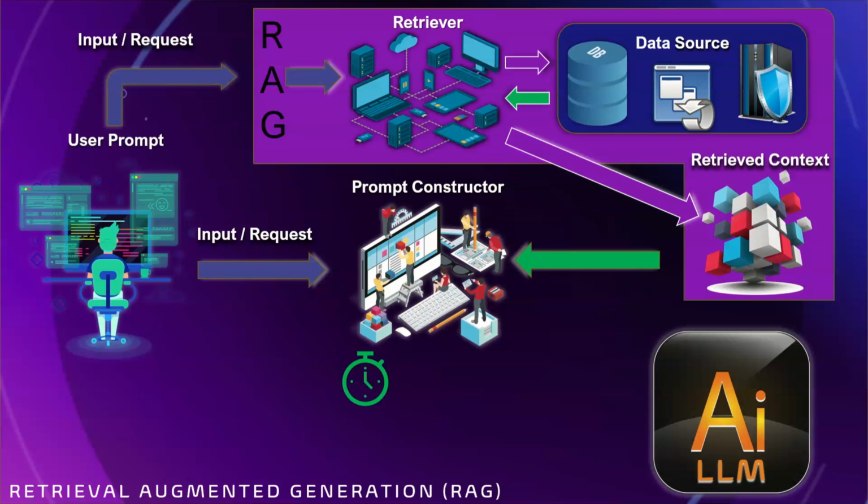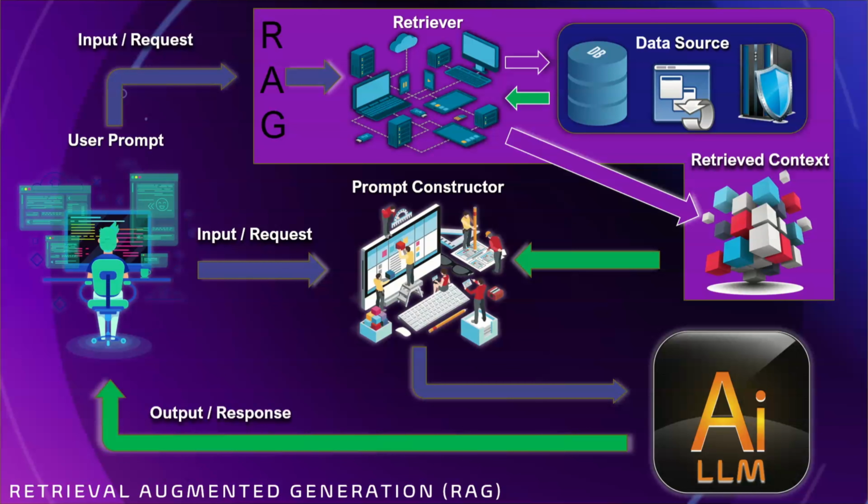The prompt constructor will construct the most relevant prompt for the large language model to process. Now there is no need for waiting. The prompt constructor will send all the context together to the large language model, and the large language model will process this prompt, then generate the output or response.